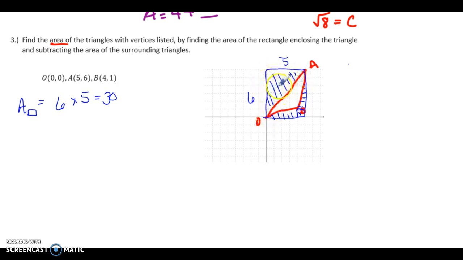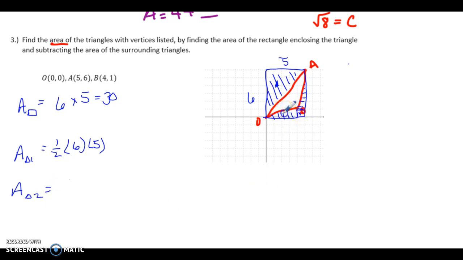The area of this one here, let's say this is triangle 1. The area of triangle 1 is 1/2 of 6 times 5. Let's do area of triangle 2.